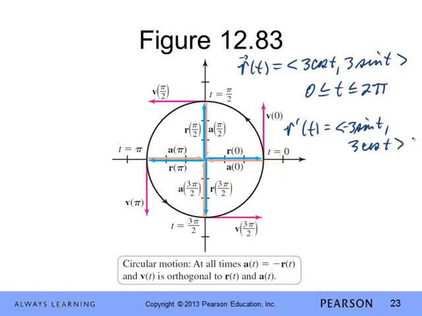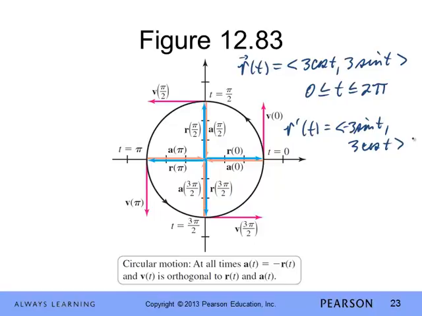So r prime of 0 would be 0, comma 3. This is the velocity vector. At pi over 2, you have negative 3 and 0.